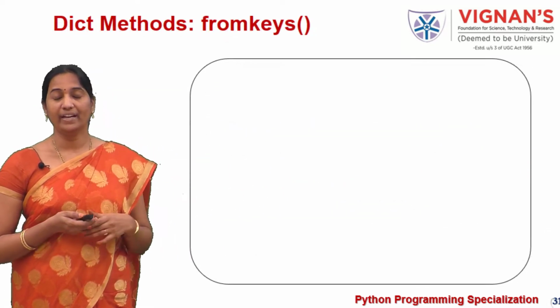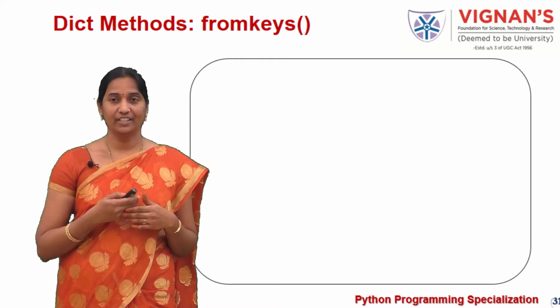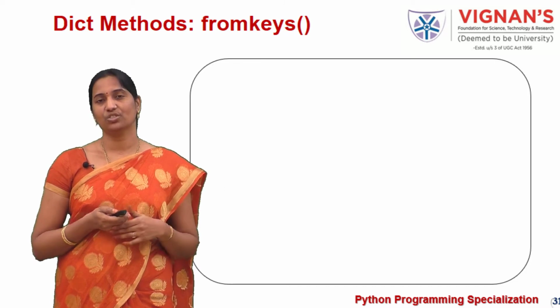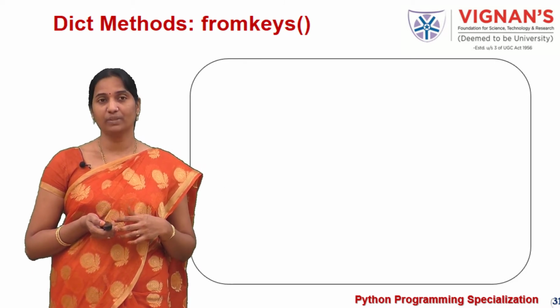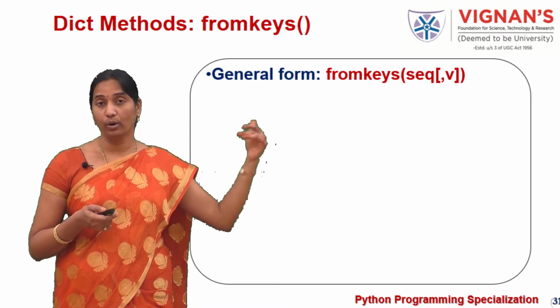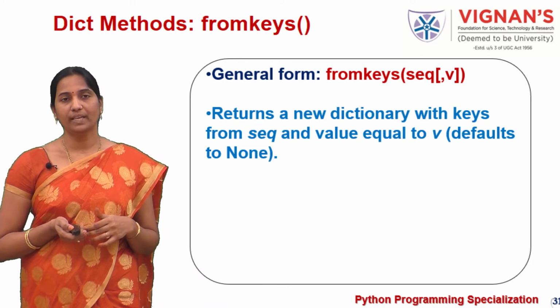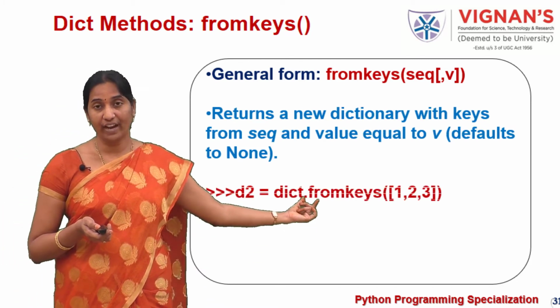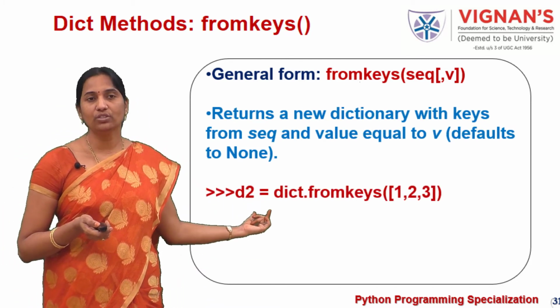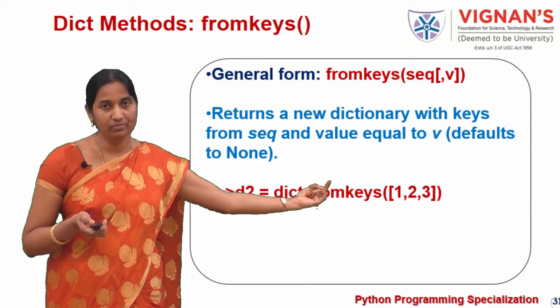So we have some additional methods in the dictionary class which allow us to create new dictionaries from existing ones. That can be done using the fromkeys method. fromkeys basically takes a sequence as an argument and an optional argument v also. When you call this fromkeys method by passing a list of values, a new dictionary D2 will be created where the keys are taken from the list.